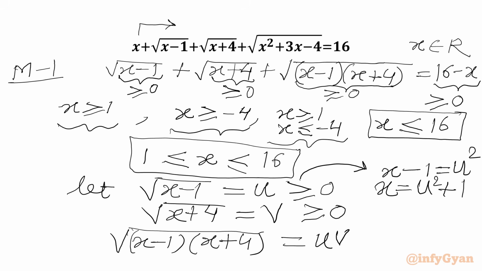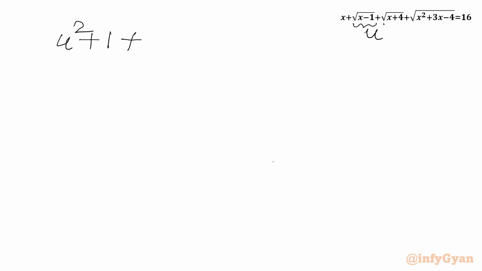Now we'll write our equation in u and v variables. So in place of x, we'll write u square plus 1. Then we have square root of x minus 1, which is our substitution u. This is our substitution v. So we'll write plus u plus v. And this is the product of both, uv.